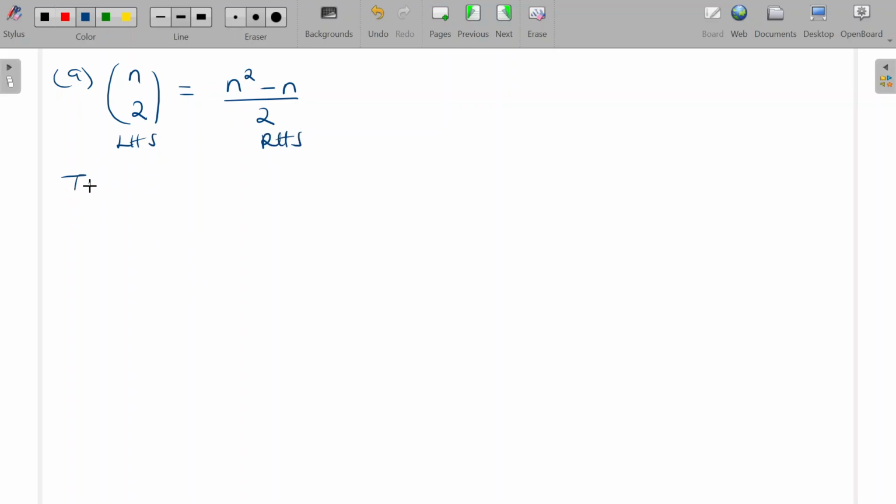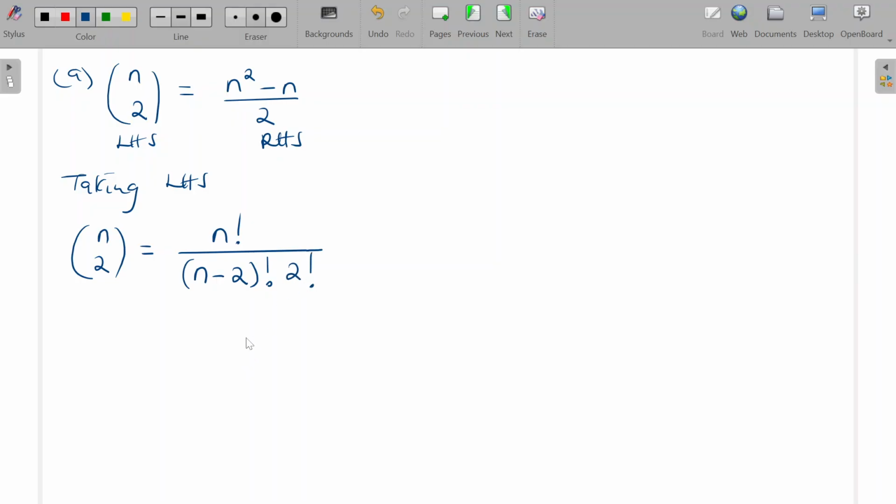So I'm saying, taking the left hand side, I have n combination 2, which is equal to n factorial, remember the formula I gave you, n factorial over n minus 2 factorial times 2 factorial. That is what you're going to get.